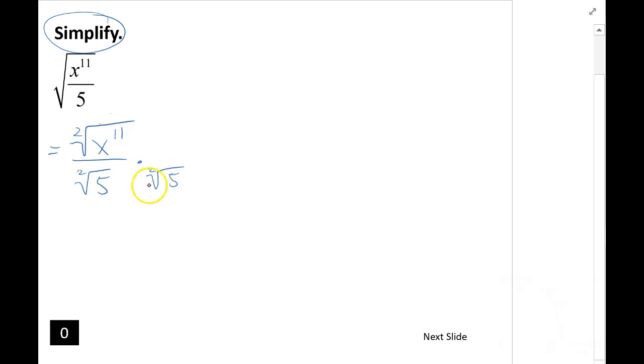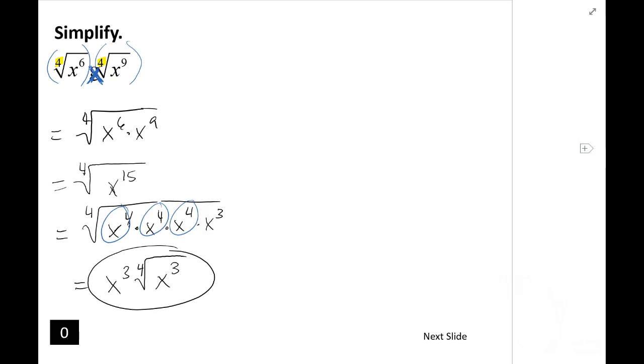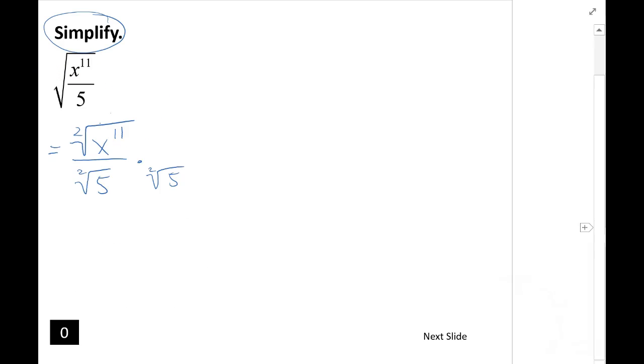Because if I multiply 2 radicals that have the same index, again, just like we did back in this step, x to the 4th and x to the 4th, we can combine what's on the inside. So going back to this one, with that idea, if I multiply the same radical, I can combine the 5's on the inside. But again, as we do with any multiplying of fractions, we have to multiply the top and the bottom.